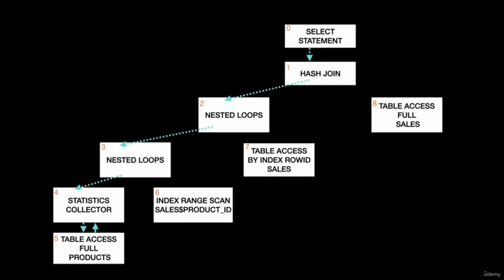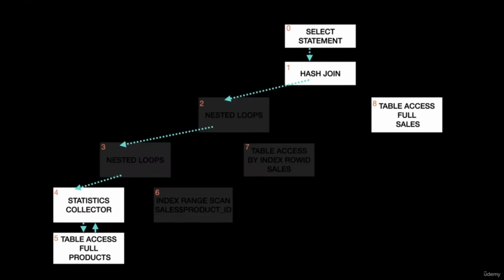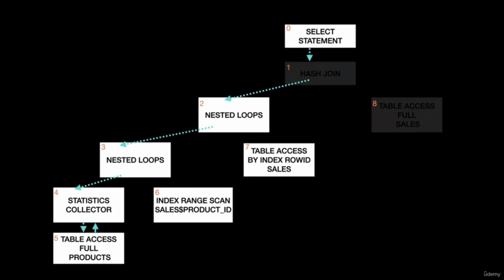In our case, it can be either hash join ID equals 1 or nested loop ID equals 2. Either the number of rows will be small, then nested loop will work faster, or we get so many rows that we need to use hash join.